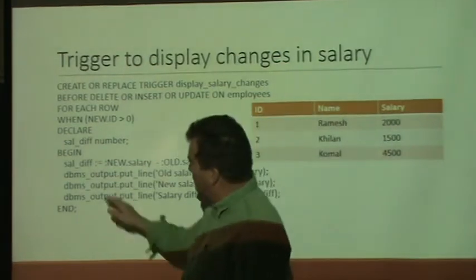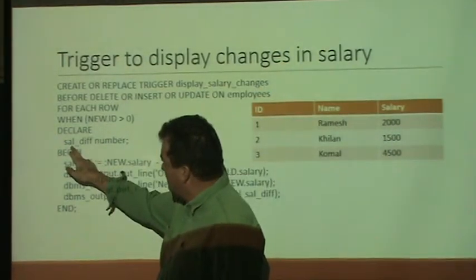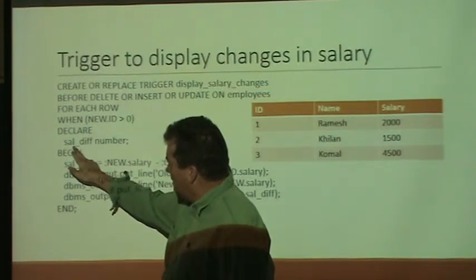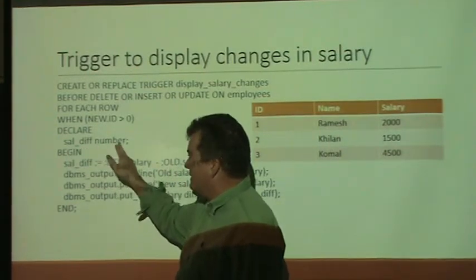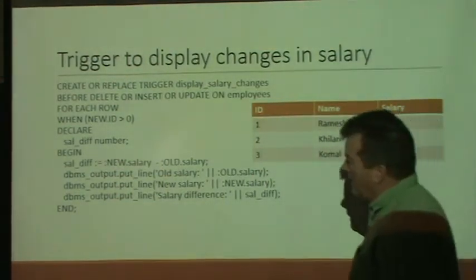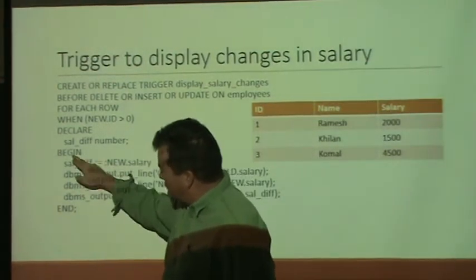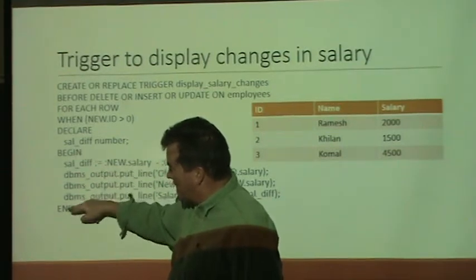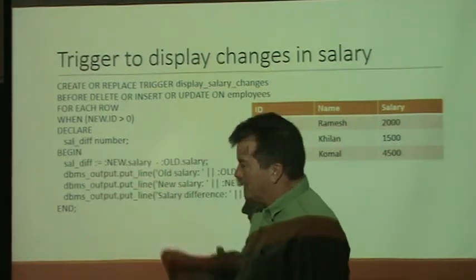is we'll have a variable called salary difference, which is a number. So we could take an integer or a real number. And we're going to do a little bit of a computation. So now this begin and end is going to actually have some meaning because we're doing multiple things.